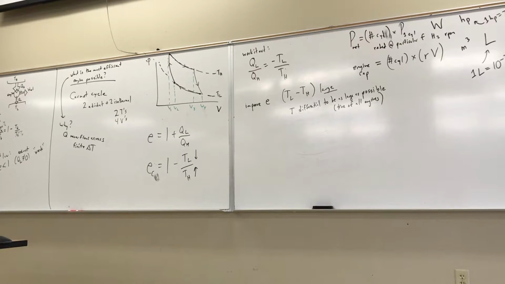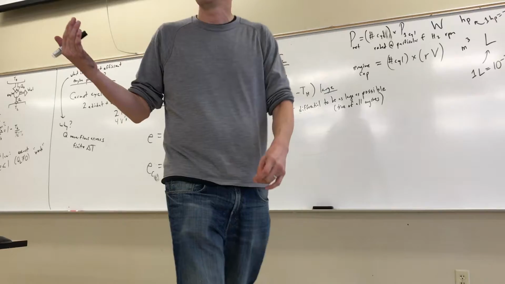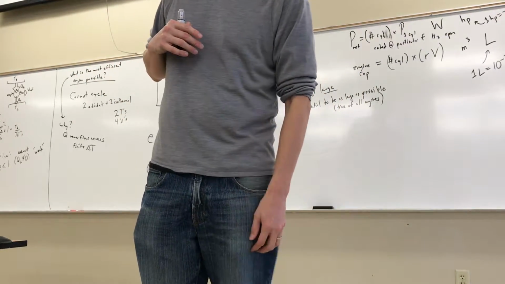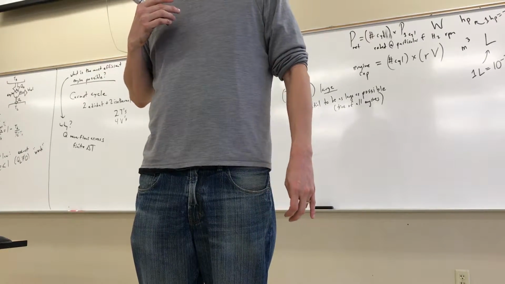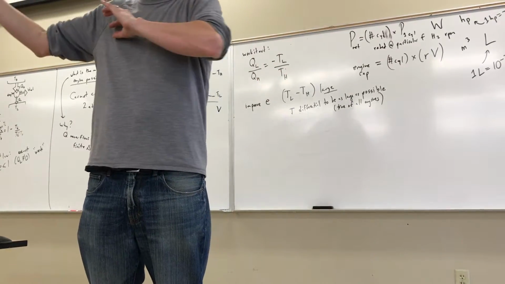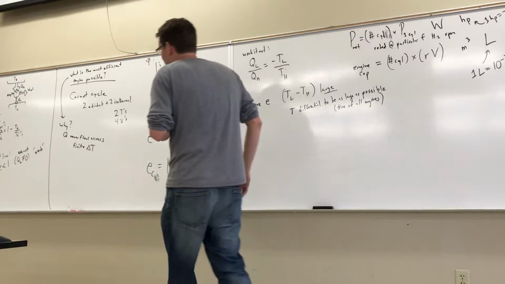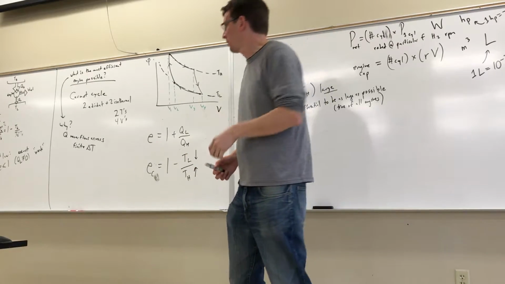So if you're wondering why this is special, it's because this is the only way you can put together a cycle where you never have heat flowing from a higher to a lower temperature, which, as we know, is a process that only goes one way, right? Heat always flows from higher to lower temperature and never spontaneously the other way. Well, in this particular engine, heat never flows across a finite temperature difference in the first place.